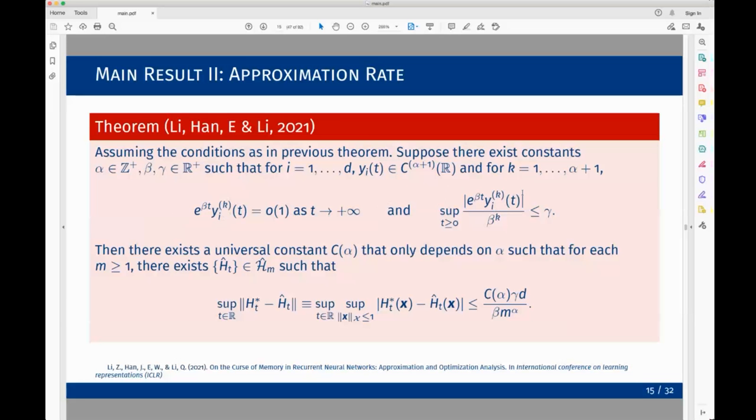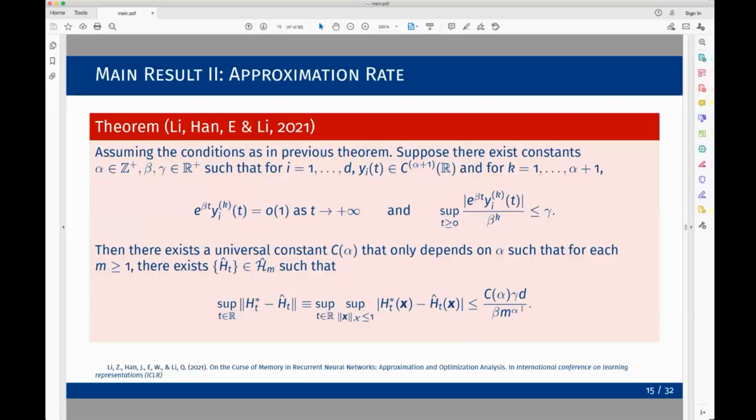Given this constant, we can prove that there exists a universal constant C_alpha that only depends on alpha, such that for each given hidden state size m, there exists a functional H hat in the linear space of size m, such that the sup norm of H hat minus H star is bounded by C_alpha times gamma times d over beta times m to the power of alpha.